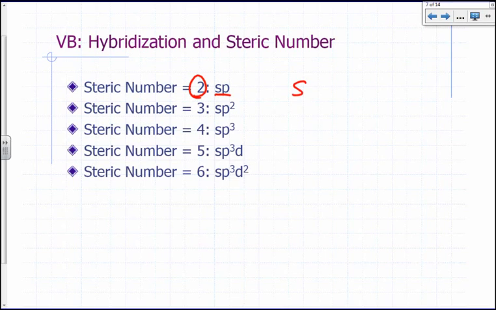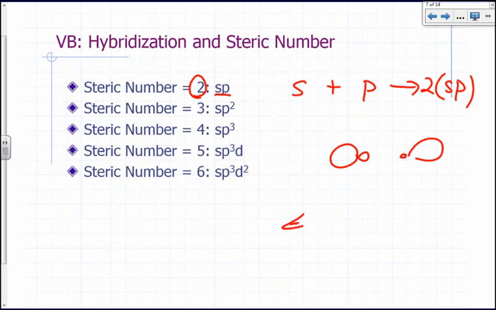If you hybridize an s orbital and a p orbital, that gives you 2 hybrid orbitals, both sp orbitals, that are going to be directed 180 degrees apart. That would explain the linear geometry around a central atom that has 2 groups of electrons sticking out of it. So the 2 sigma bonds that atom will be forming will be using an sp hybrid to overlap with the neighboring atom.